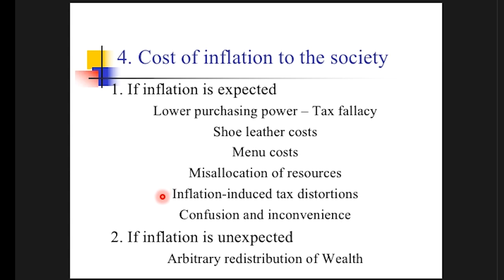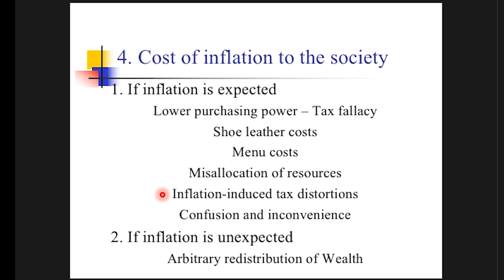Another cost to the society is the inflation-induced tax distortion. When there is inflation, firms or the banks always change the interest rate or wage to avoid inflation, and the tax rate remains the same.